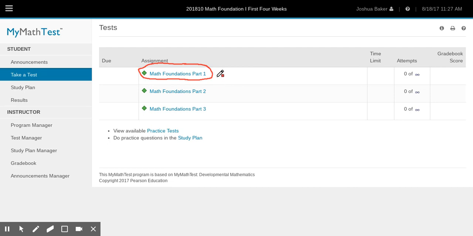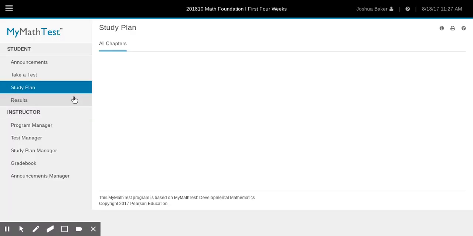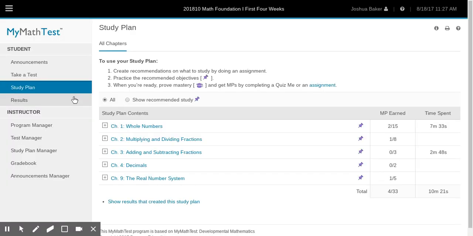So if you get a 20% here, don't worry about it, because what you're going to do next is go into the study plan. The reason it's not a bad thing to get a 20 is because you're telling the program how to populate your study plan.